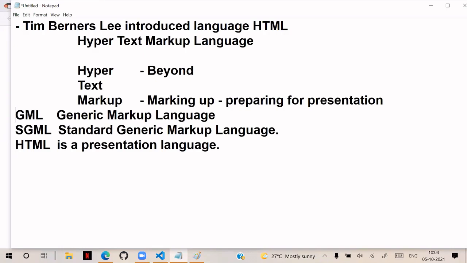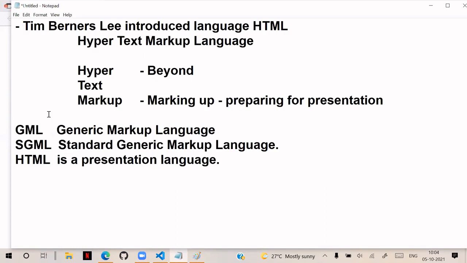Detailed notes on GML and SGML I will give you in the soft copy. Don't worry, I am just giving the overview, the points here. Very important, these languages were developed earlier by CERN laboratories, Council for European Research and Nuclear.